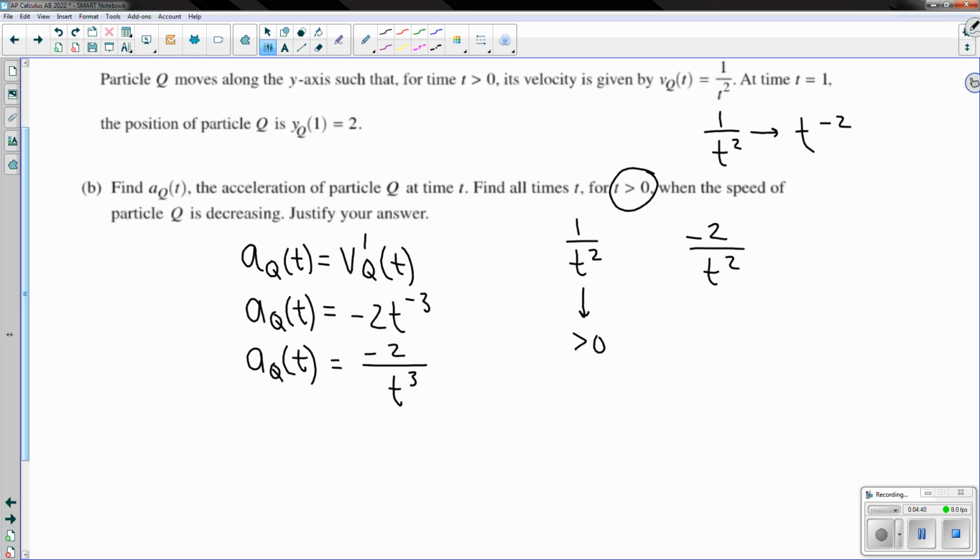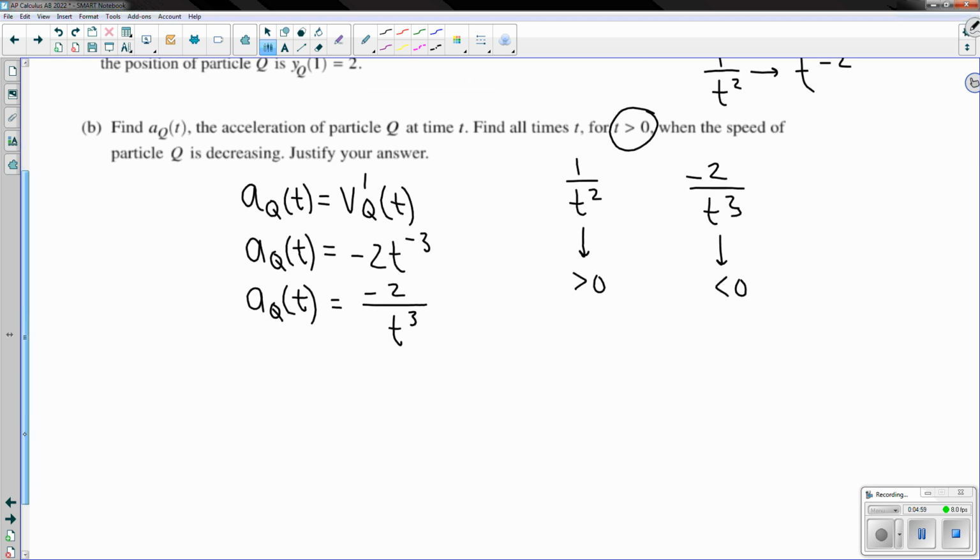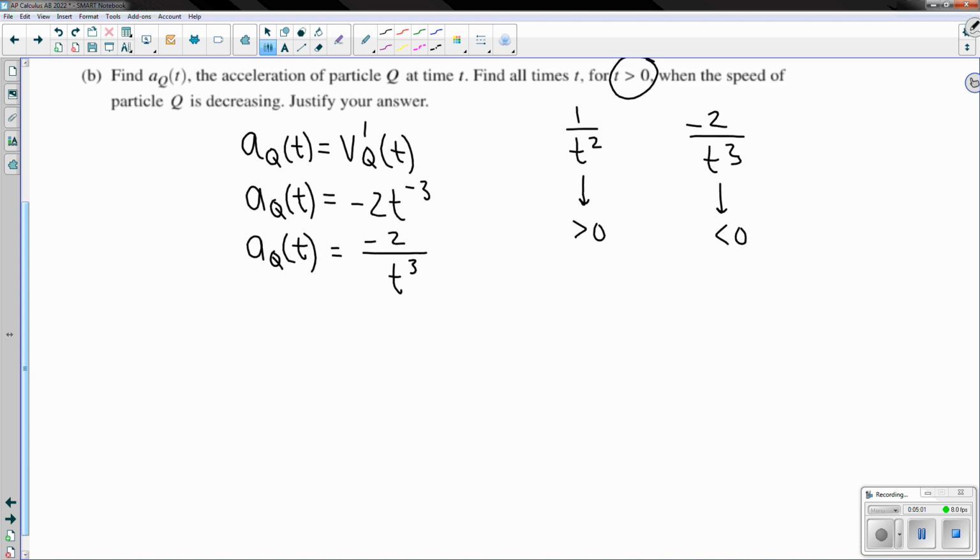When we have t to the third, whenever t is positive, this acceleration function is always going to be negative. So we have just determined that this particle is always going to be decreasing its speed for times t greater than 0. And our justification is going to be explained through the relationship between velocity and acceleration.